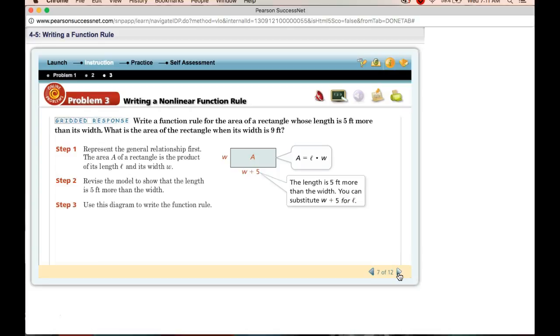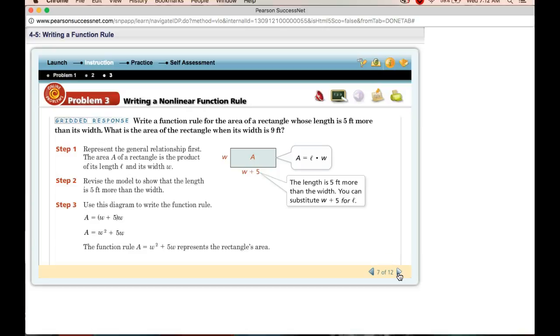Use this diagram to write the function rule. W plus 5 goes in for L, we're going to multiply. Use the distributive property. W times W is W squared, W times 5 is 5W. The function rule, A equals W squared plus 5 times W represents the rectangle's area.